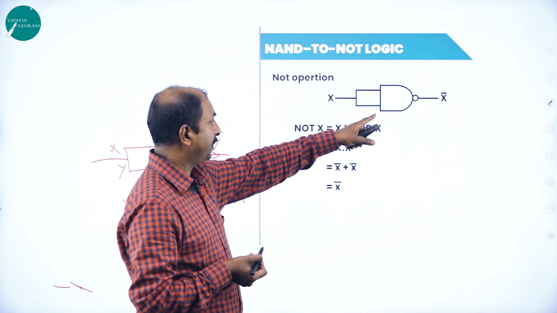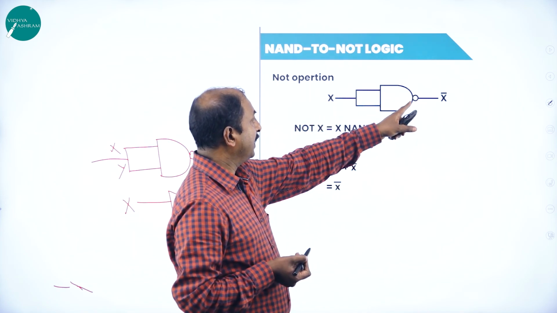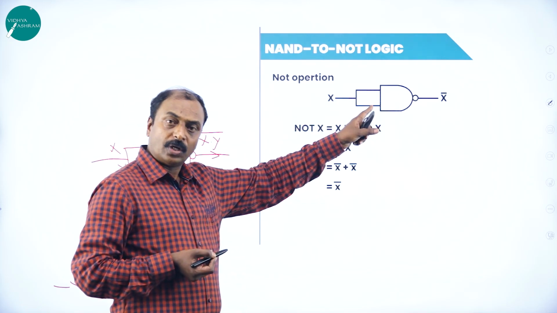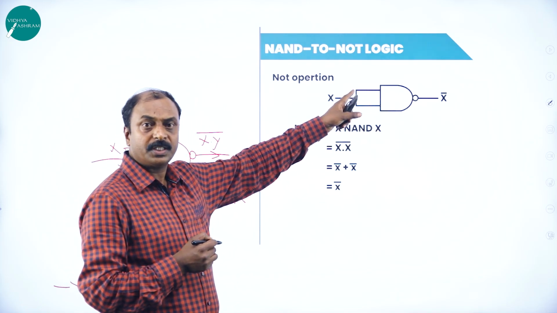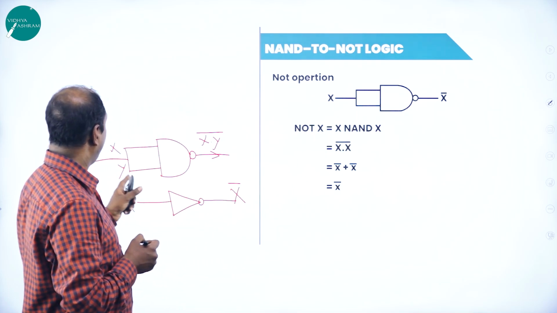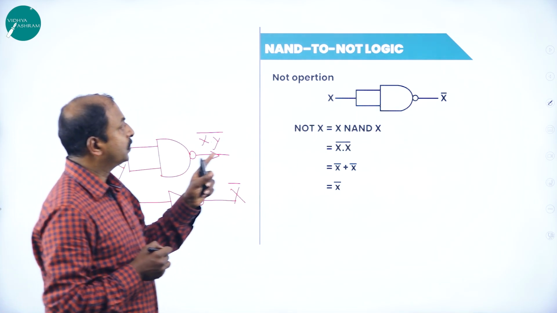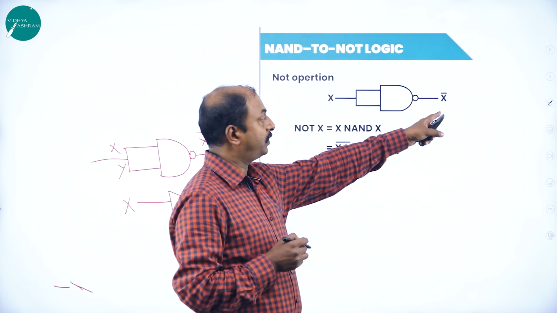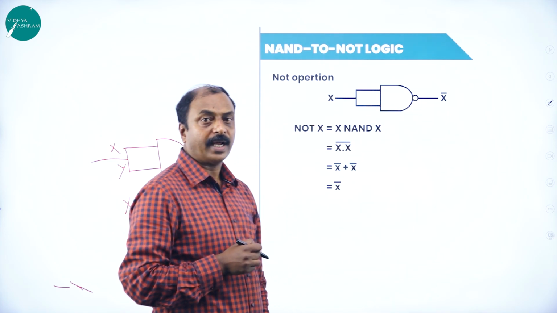That's what we have done here. In the diagram, you can see the NAND gate and these two inputs joined together. We say you have to short these two input signals to make one input signal. So with one input signal, the output signal is X naught as per the definition of the NAND gate.